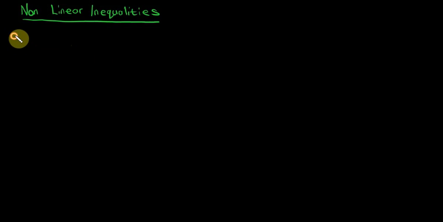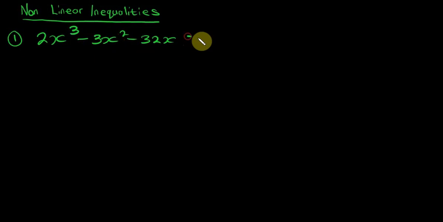Let's say we're given as the first example: solve 2x cubed minus 3x squared minus 32x is less than minus 48.